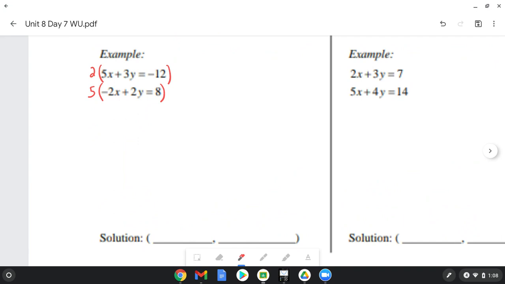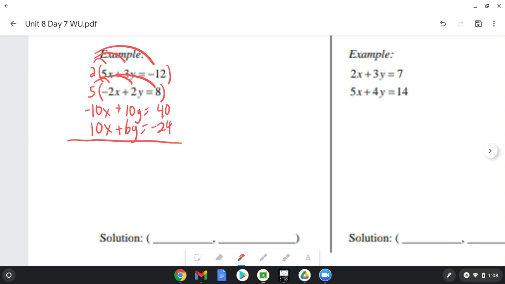So I didn't multiply by -2 up top because it was already negative, and I want one to be positive, one to be negative. So if I multiply this 2 by all three, I'd get 10x plus 6y is equal to -24. If I multiply this 5 by all three, I get -10x plus 10y is equal to 40.